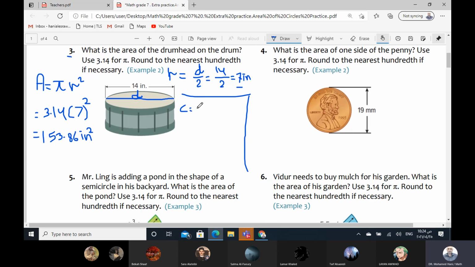So circumference equals pi times D, pi equals 3.14 and D equals 14. So we can calculate 3.14 times 14 equals 43.96 inches.